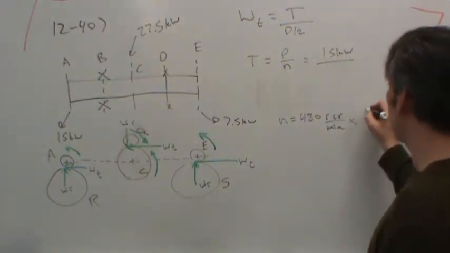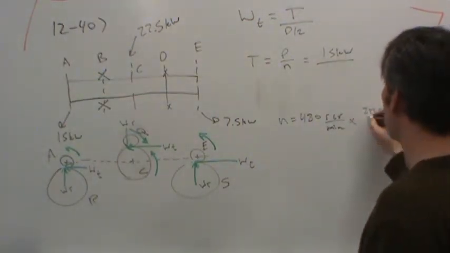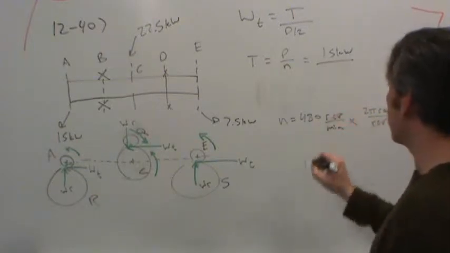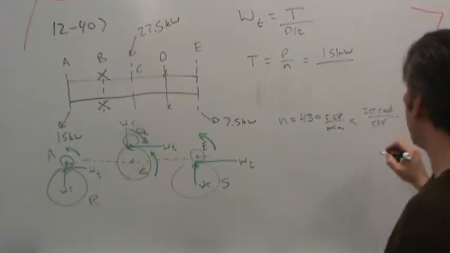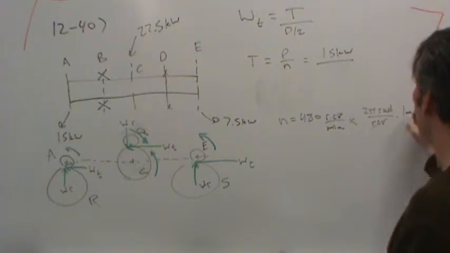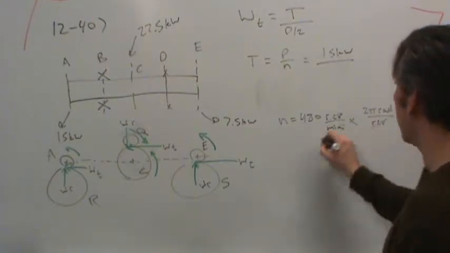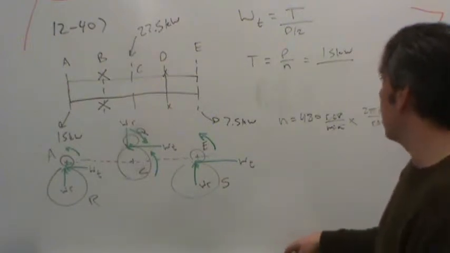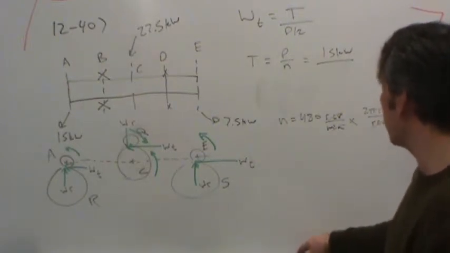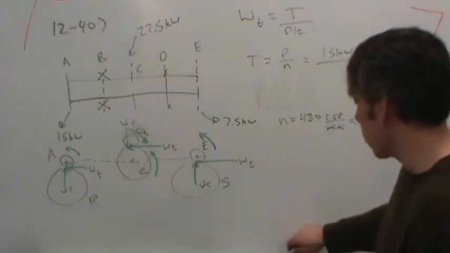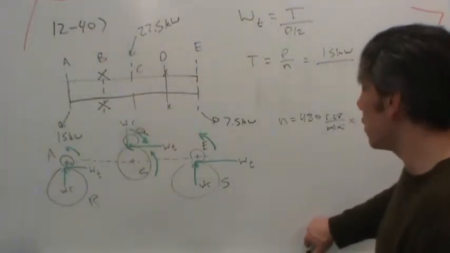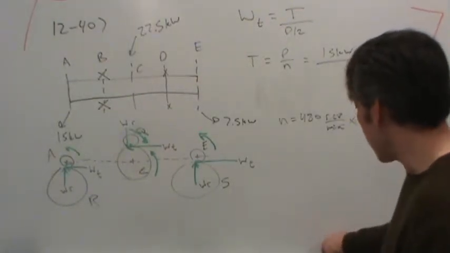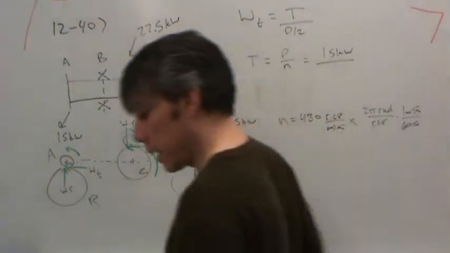So let's go with 2 pi radians per revolution. That'll take care of the revolutions, and then multiply 1 minute by 60 seconds. So grab your calculator, please, and tell me what that speed is in radians per second. And once you've got it, then go ahead and plug it in and tell me the torque in section AC. While you're doing that, I will go over and calculate it in Excel as well.